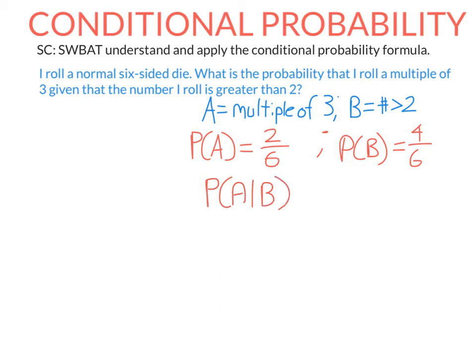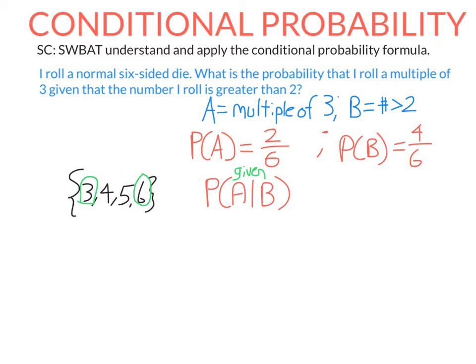And we use this line here. This says probability of A given B. What is the probability A happens if I know that B has happened? If I know that I have rolled a number greater than 2, then there are 4 options, 3, 4, 5, 6. Of those 4 options, there are 2 that are multiples of 3, this one and this one.